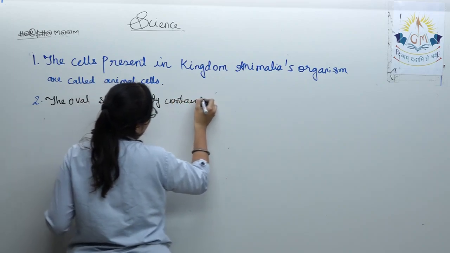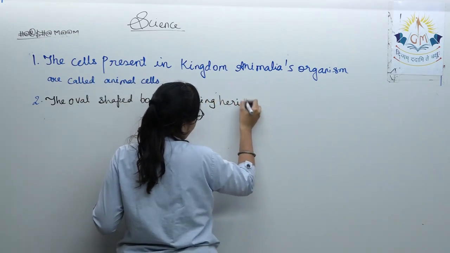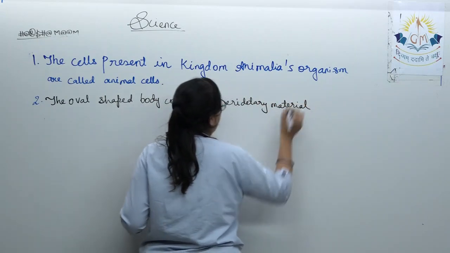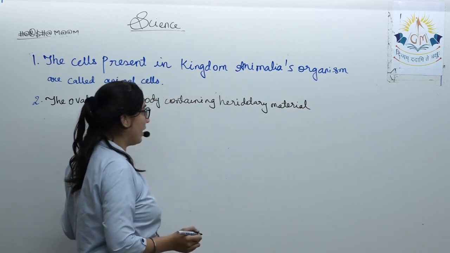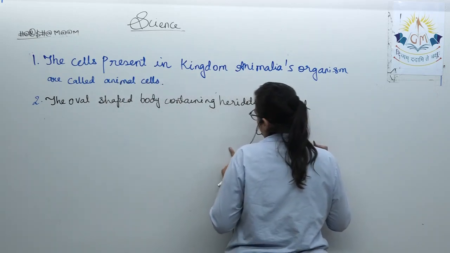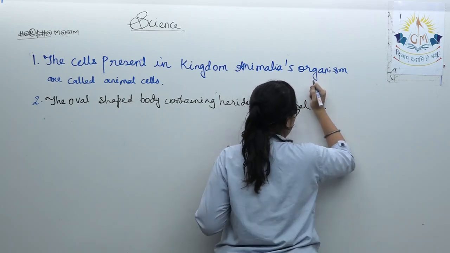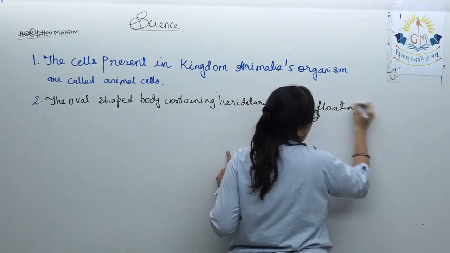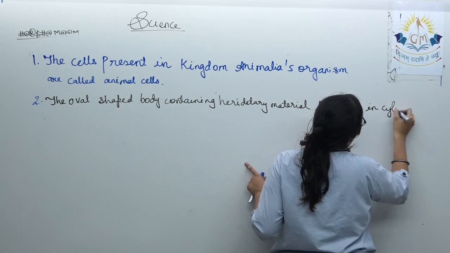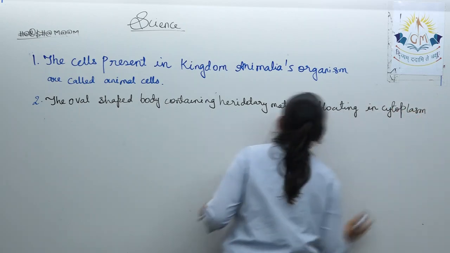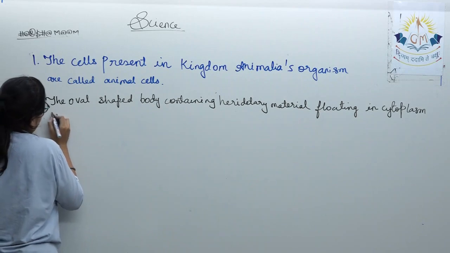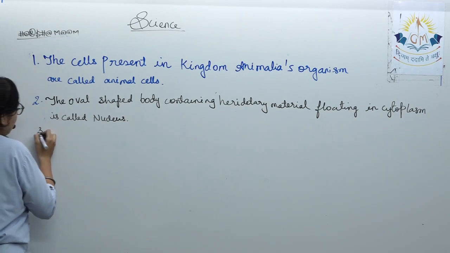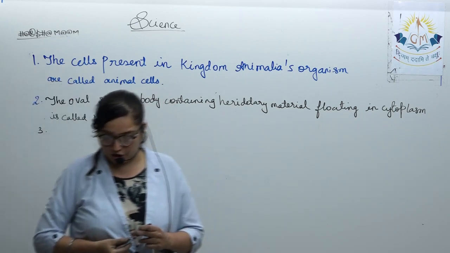The oval shaped body containing hereditary material floating in the cytoplasm is called nucleus. So that is about the second definition.